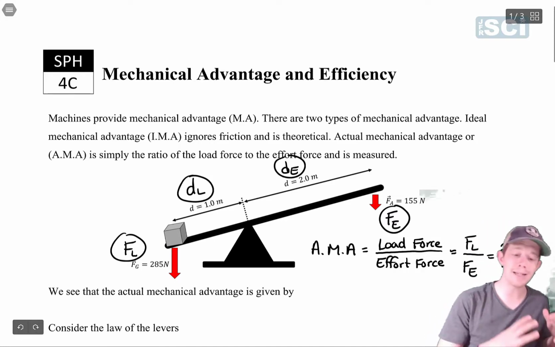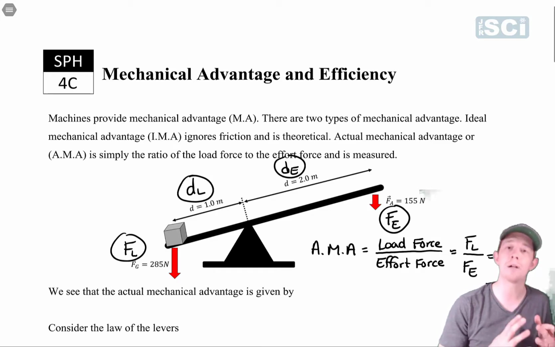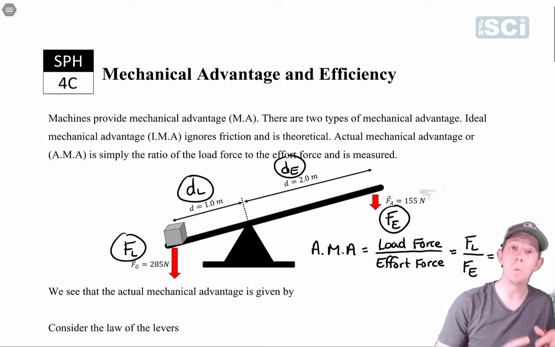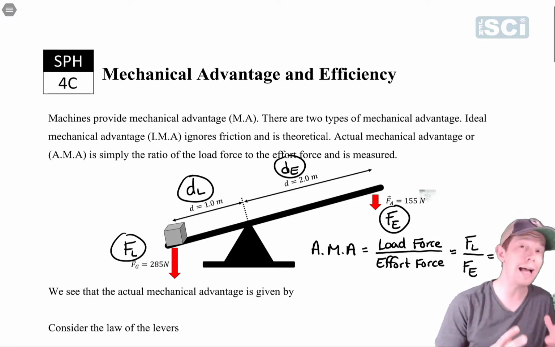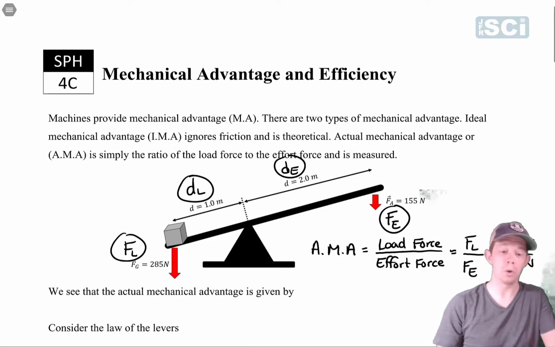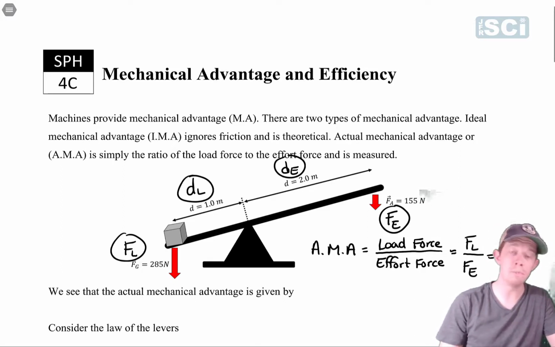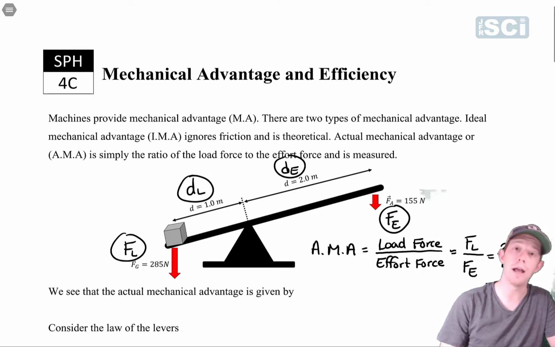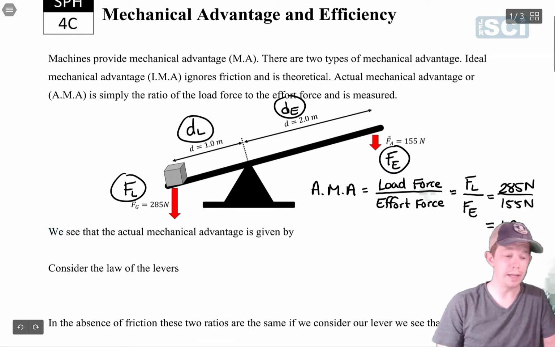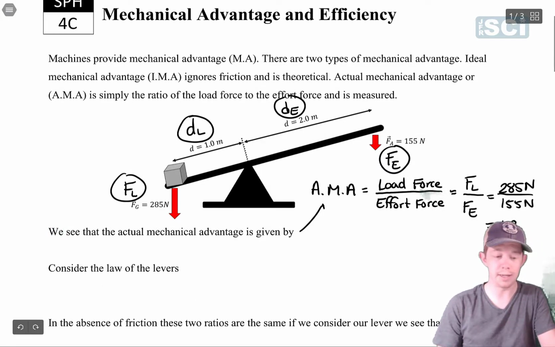So it's telling me that my system right now gives me the mechanical advantage of 1.8, meaning I get out 1.8 times as much force as I put into it. So it's allowing me to use a smaller force to move that larger load. Okay, so the actual mechanical advantage is given by this expression right here.